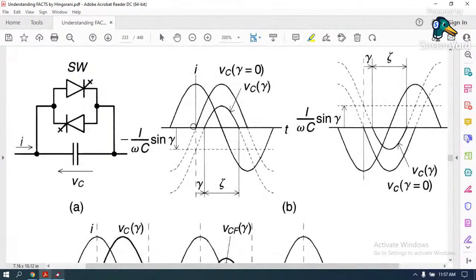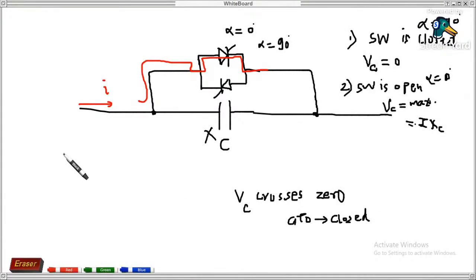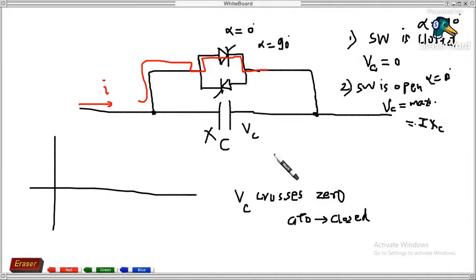See, if I want to draw the voltage as well as current waveform, that is the voltage across this capacitor, VC. Obviously, as it is a pure capacitive reactance, current will lead this voltage by exactly 90 degree. Okay. Now when alpha is 0 degree, VC is at its maximum or normal value, which is given by XC.